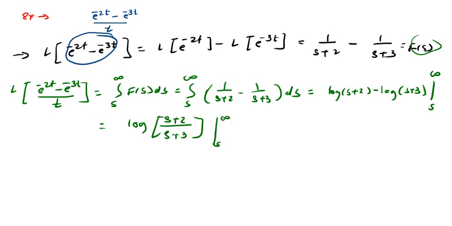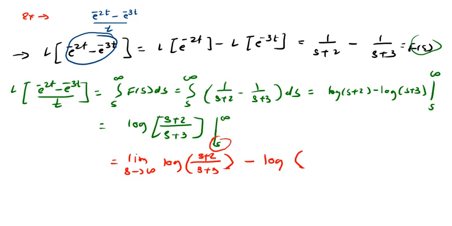Now we'll calculate this limit. First put the upper limit, infinity: limit s tends to infinity of log of s plus 2 upon s plus 3, minus the lower limit. What is the lower limit? s. So put s equal to s, and the term remains as it is, s plus 2 upon s plus 3.